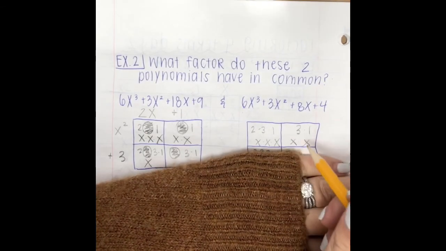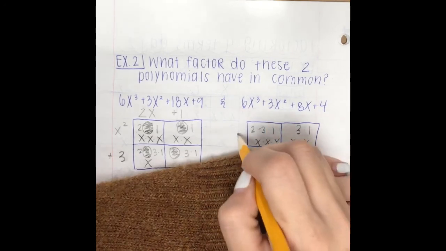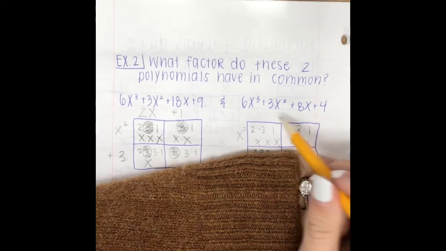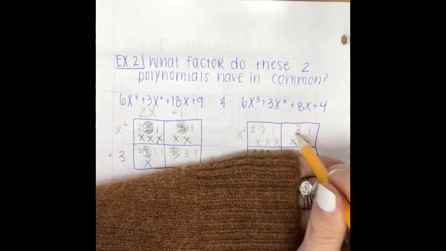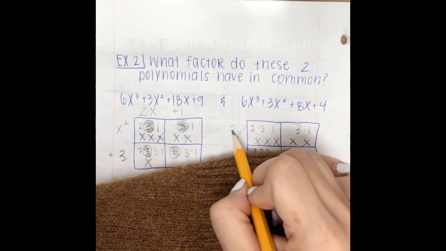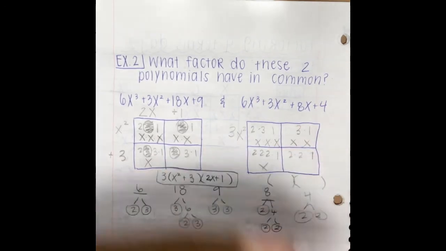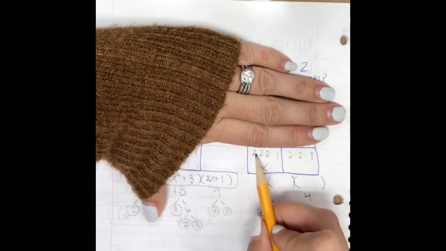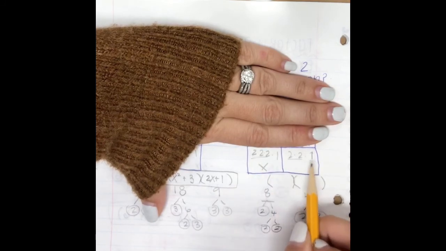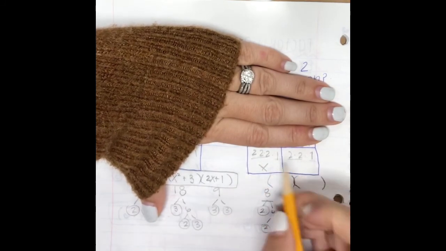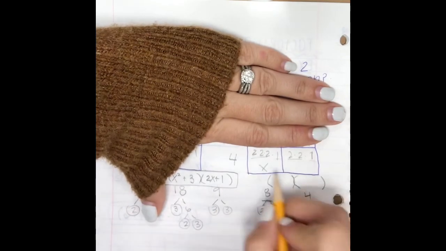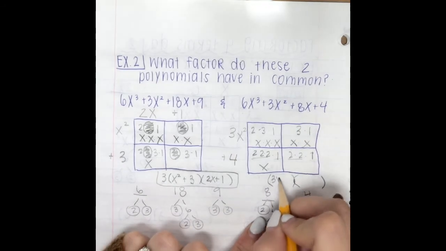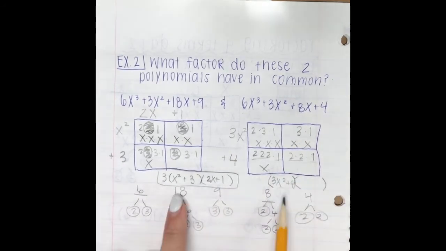So this top row, they both have 2 x's, so we get an x squared, and the only number they both have would be a 3 and a 1, so we get 3x squared. Bottom row, they both have 2 2's and a 1, right? So 2 times 2 times 1 is 4, and they don't both have an x. So we get 3x squared plus 4.